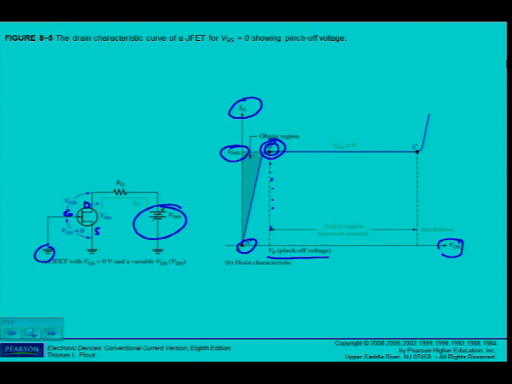It is always specified for the condition VGS equal to 0. So in this condition, where VGS is equal to 0, I can get the value of IDSS, the maximum current through a specific JFET regardless of the external circuit. Then as I increase VDS, I can see that current remains essentially constant.